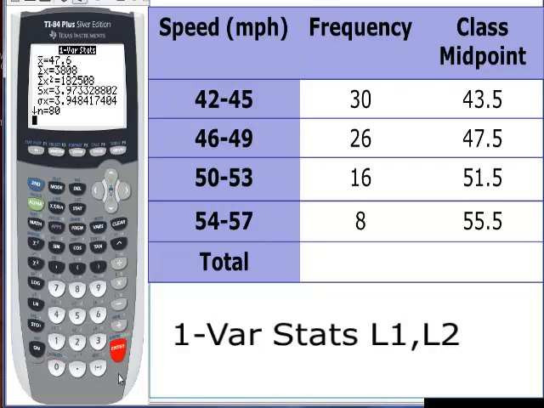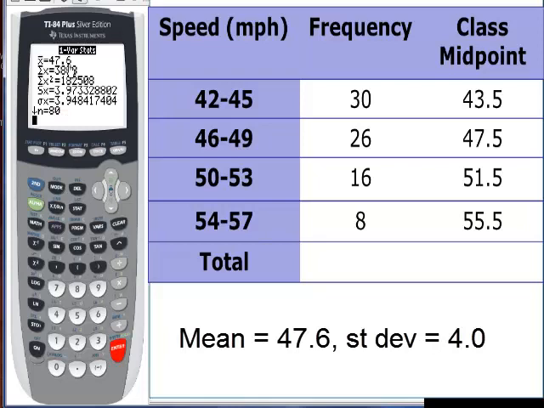Either way, you should get a screen that looks like this. Again, this x bar at the top is our approximated mean, and the Sx here is our approximated standard deviation. So that's a much easier way to find the standard deviation than by trying to do it by hand. That's more complicated than I want to take the time to show you.